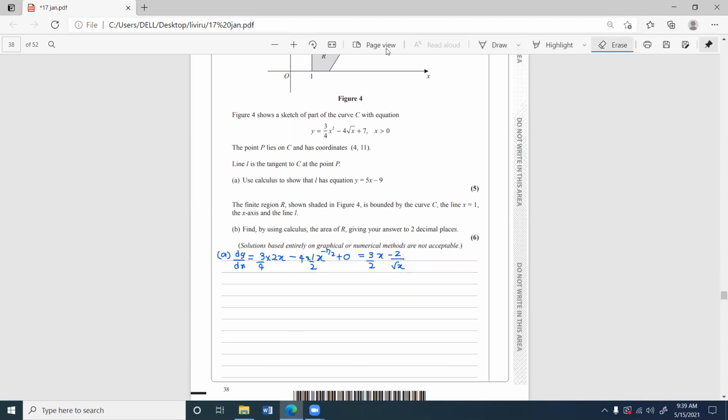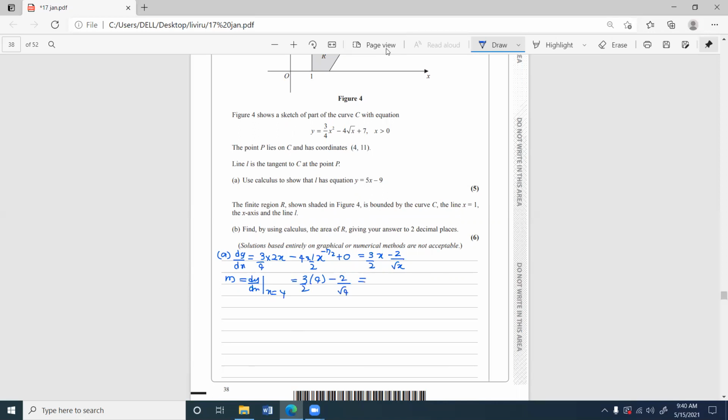You cannot stop here. Then what you need to do is find the gradient. Gradient is dy by dx at point P, that is x equals 4. So you can say this is 3 over 2 times 4 minus 2 times the square root of 4.